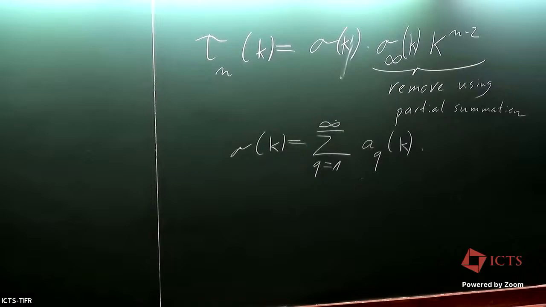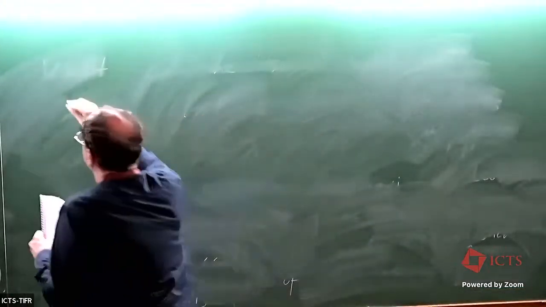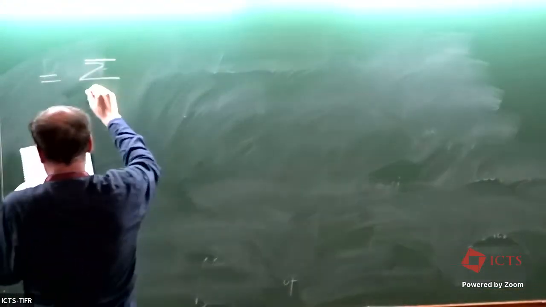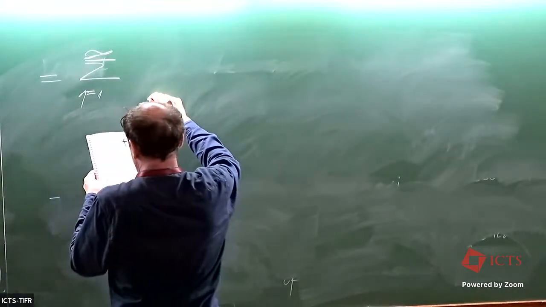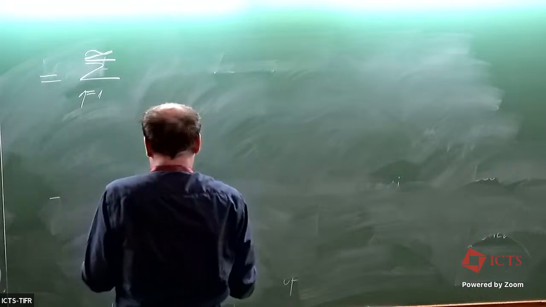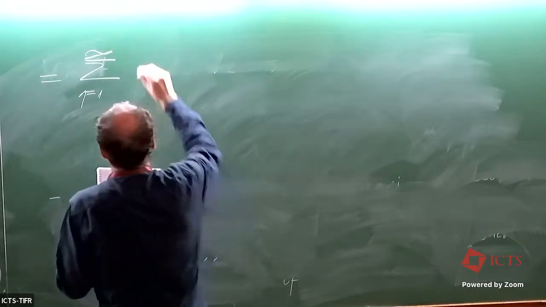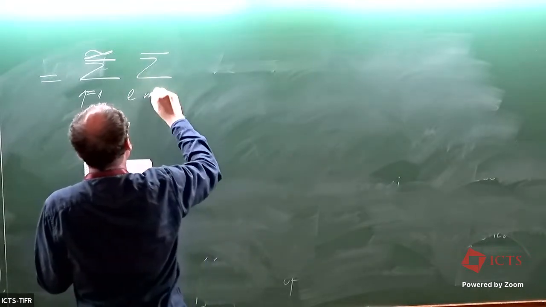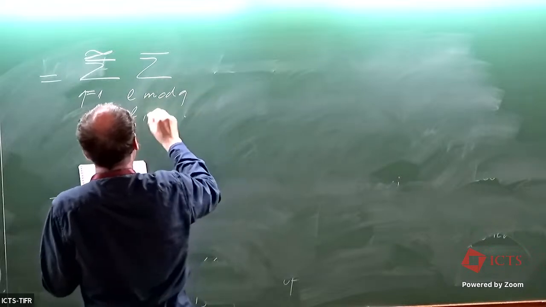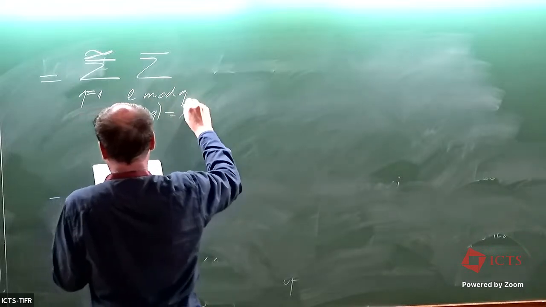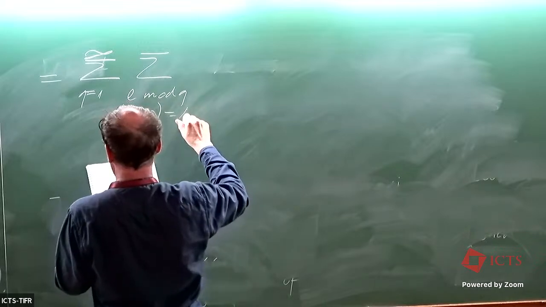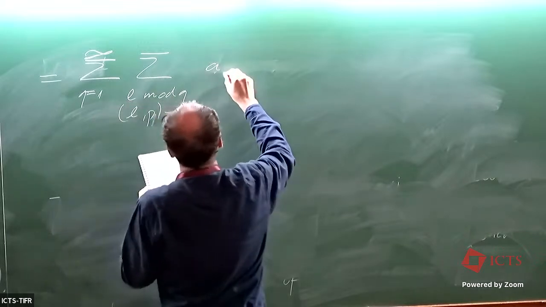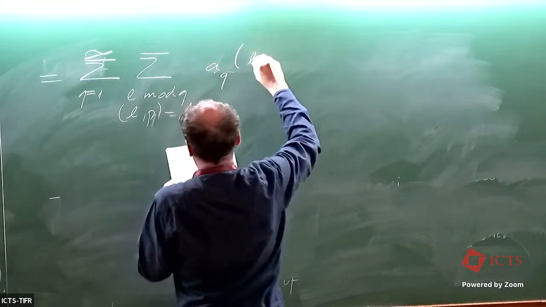So we pull out a Q summation, Q equals 1 to infinity, L mod Q, L co-prime to Q, L co-prime to P. Okay, yes, e(QL).